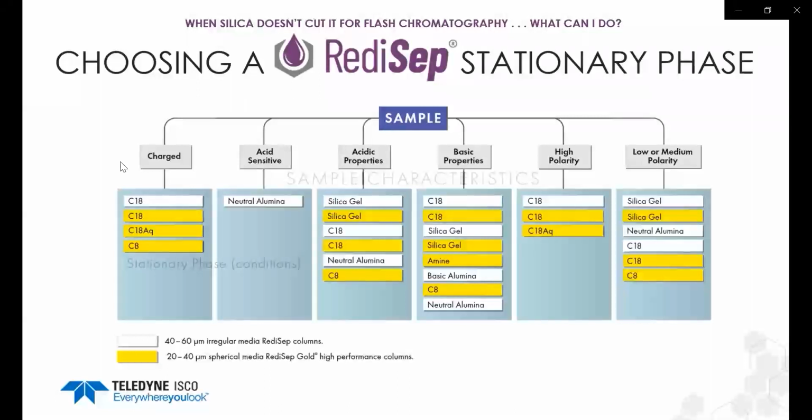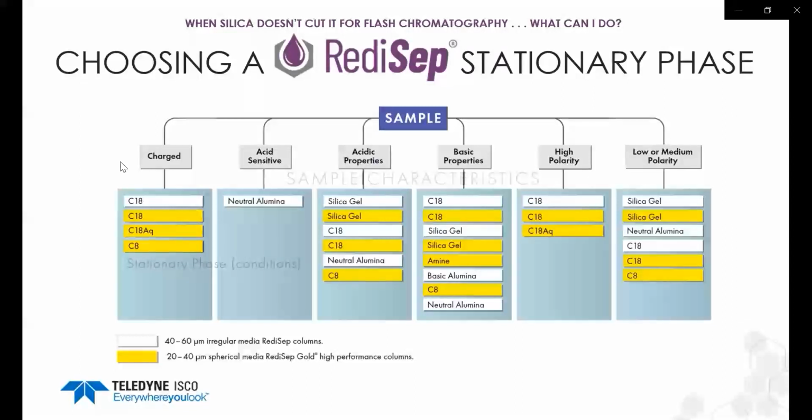For acid-sensitive compounds, the neutral alumina is a really great tool. If your compound has acidic properties, then you can do normal phase, you could do reverse phase, or you could use the neutral alumina again. If it has basic properties, then you can go ahead and use the basic alumina or the amine columns as well.